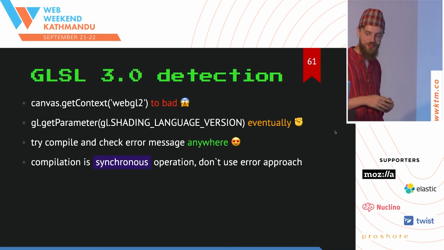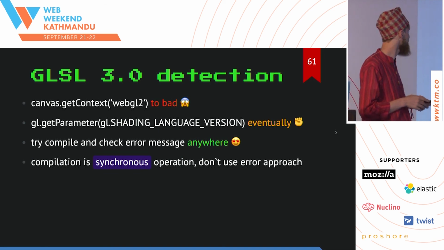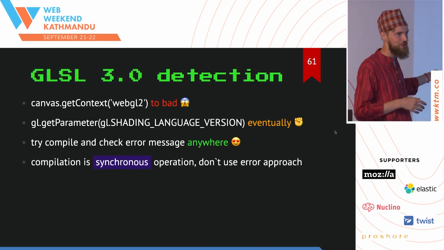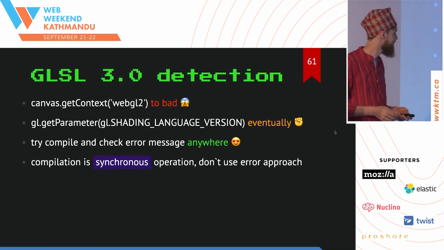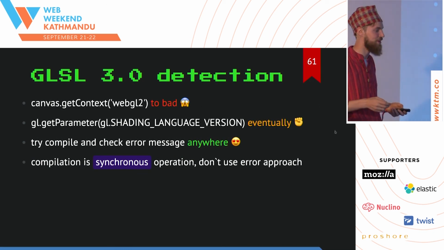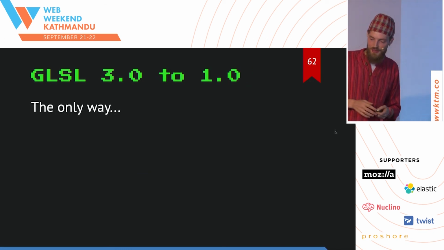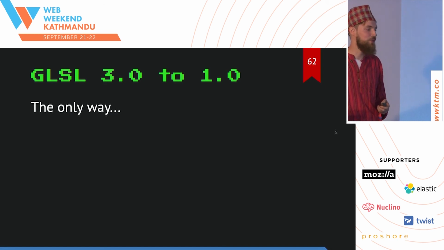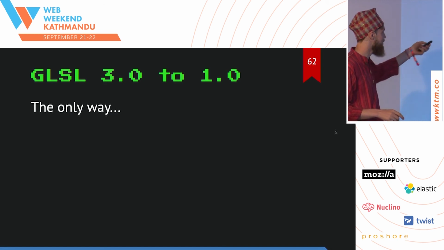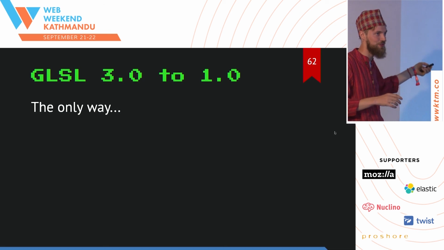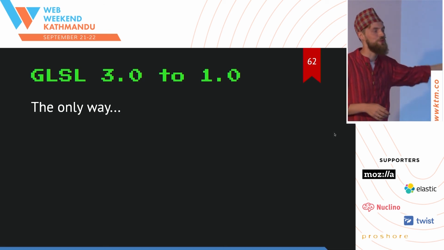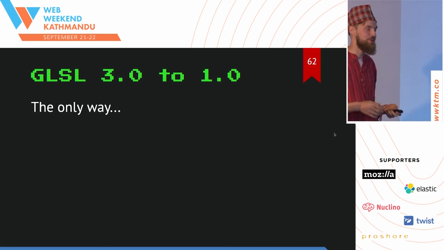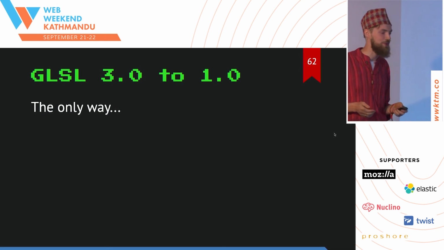The better way to detect it is to try to compile and check the error. Worst solution, why not? But unfortunately, it's the one solution. One way we have is downgrading our shaders from the internet from the third version to the first version, if you want to use effects like bloom and so on.